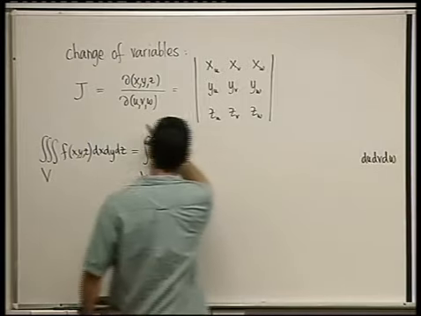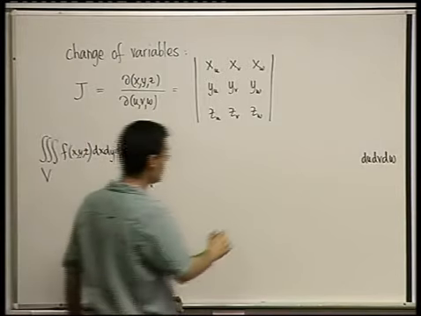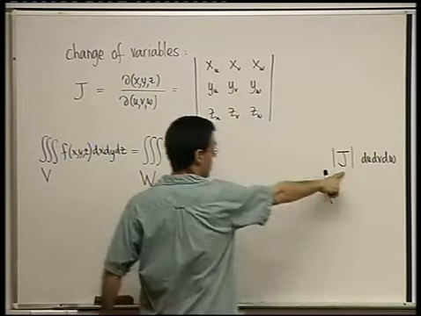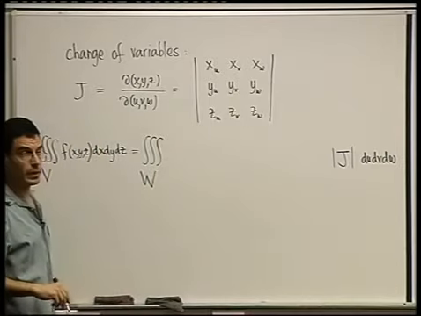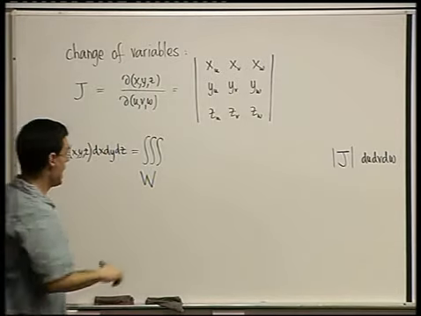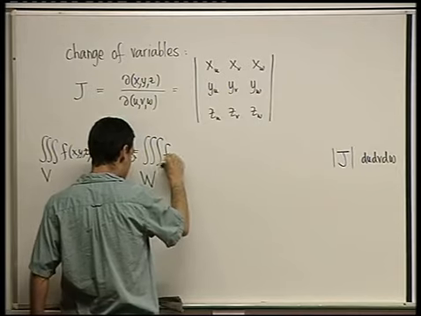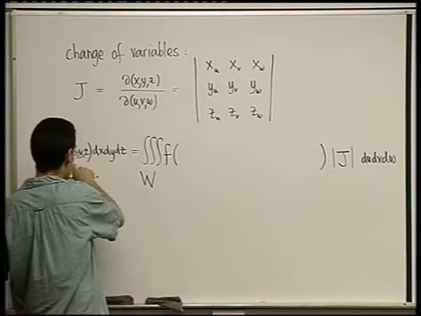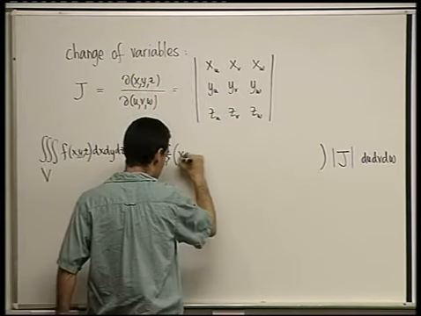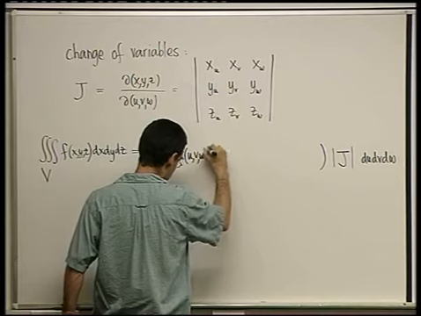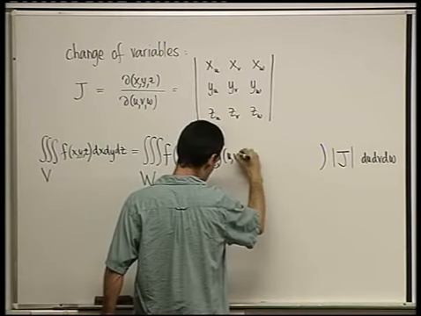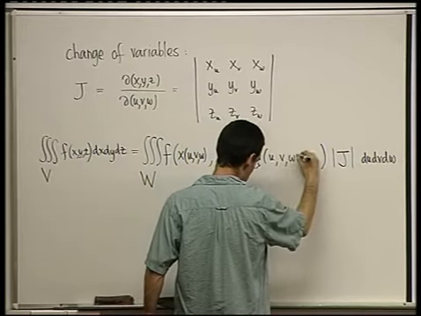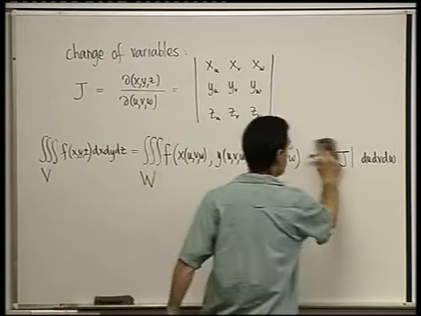These are the new variables. Here we're going to have this Jacobian in absolute value. And this is already shorthand because it's this big thing, right? And then here we're going to have the function f evaluated at not x, y, z, but rather x of u,v,w, y of u,v,w, z of u,v,w.